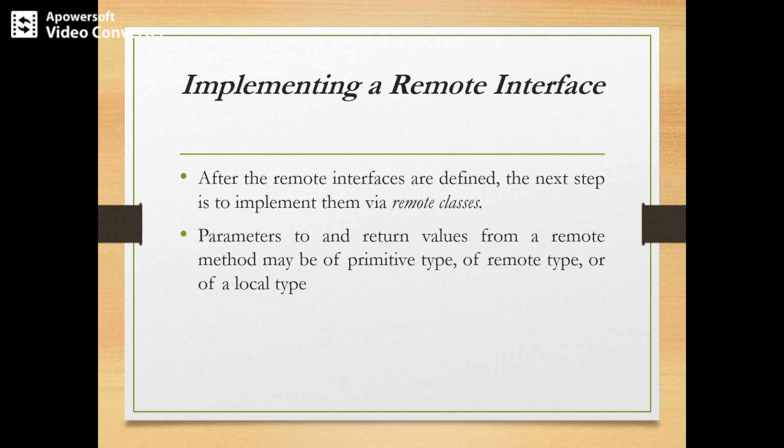After implementing the remote interface, once we define that in RMI, then as a parameter, all the types must be based upon serializable. Next, the object must be somehow capable of being transmitted over a particular network.